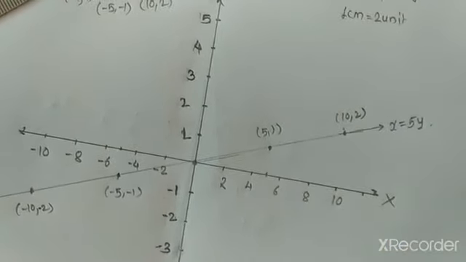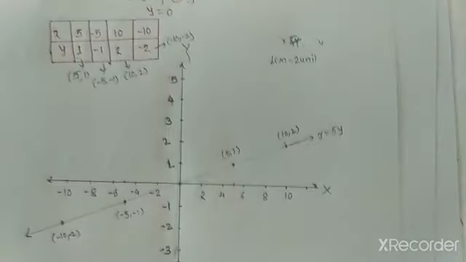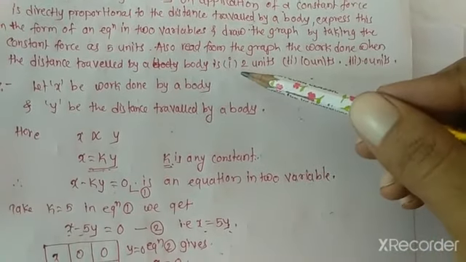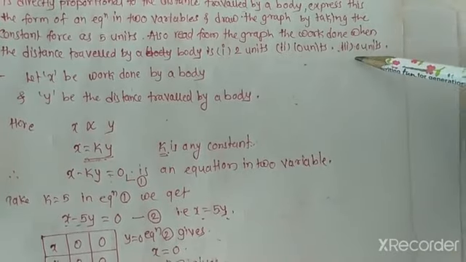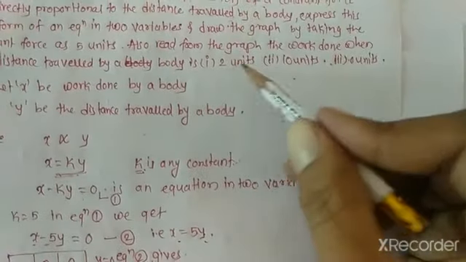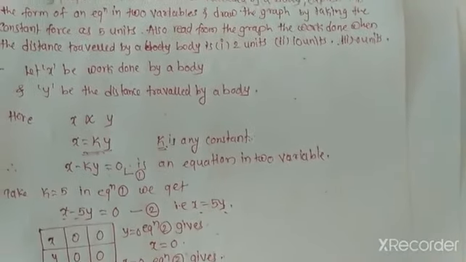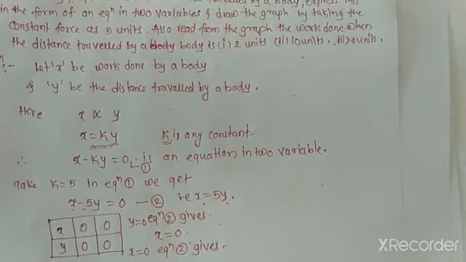Now by using this graph we have to find the distance traveled by a body when it is 2 units, 10 units and 0 units. For the first, the distance traveled by a body is 2 units.